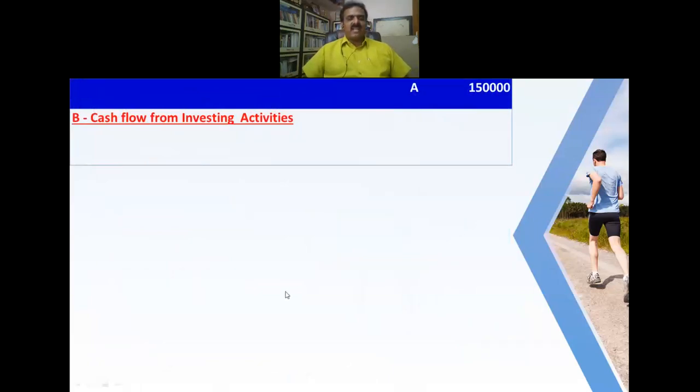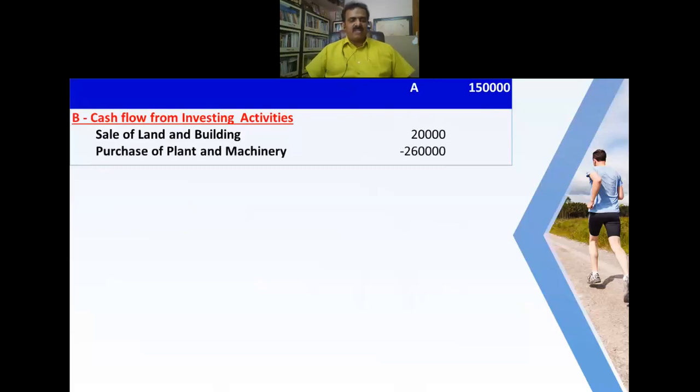Cash flow from investing activities is mainly pertaining to the sale and purchase of fixed assets, like land and building, plant and machinery. Both the accounts are prepared. In land and building there is a sale, in plant and machinery there is a purchase. So in land and building, there is a sale of land to the tune of 20,000 rupees, and in plant and machinery, there is a purchase to the tune of 2,60,000.